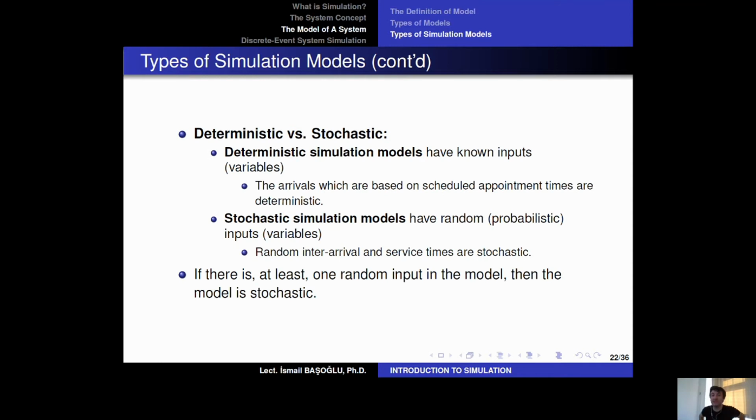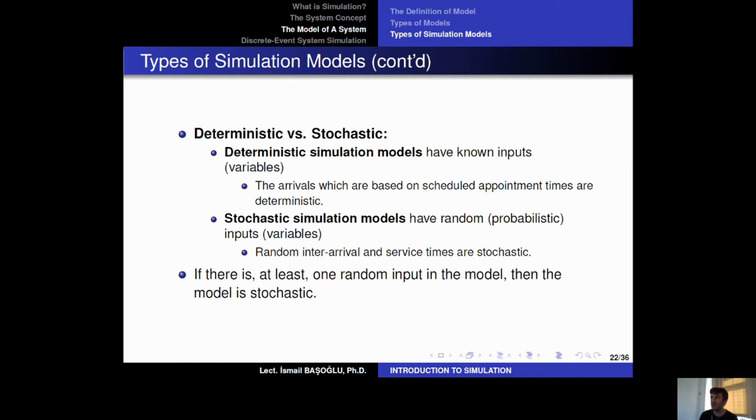Now we can also classify simulation models from a different perspective. We can also call them deterministic or stochastic. Every model of a system has input variables. These input variables can be random or deterministic. Imagine a clinical system.